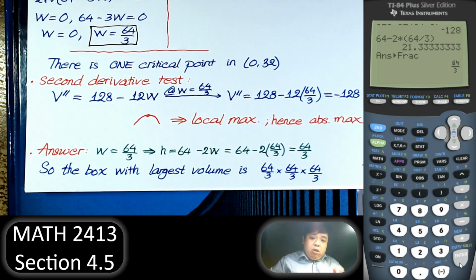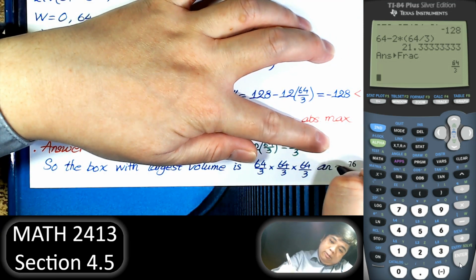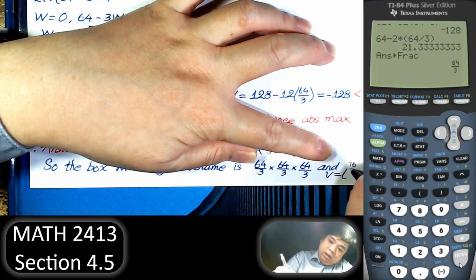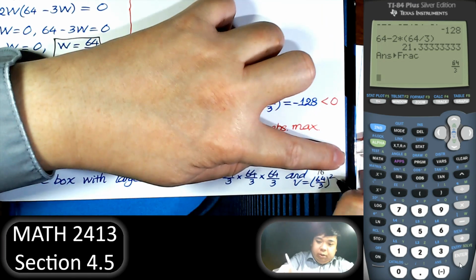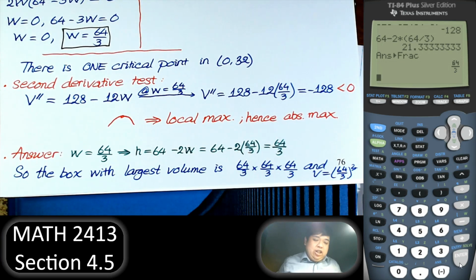And the volume, of course, is 64 over 3 cubed. The volume is equal to 64 over 3 cubed, and the unit is cubic inches.